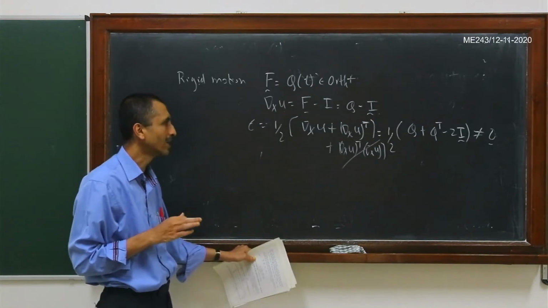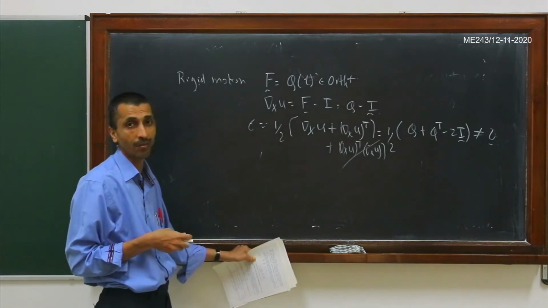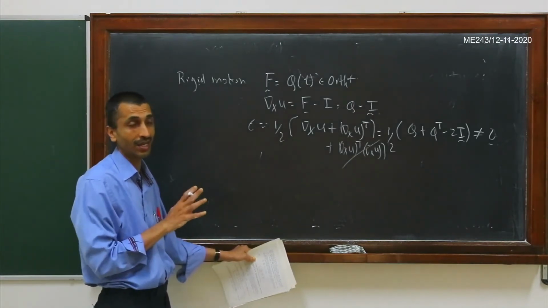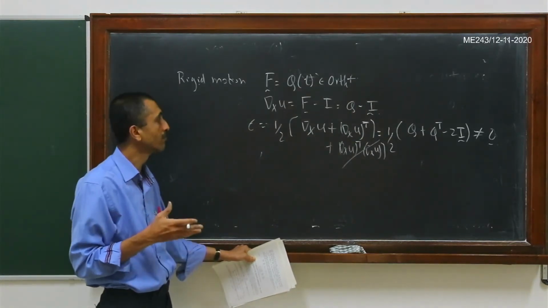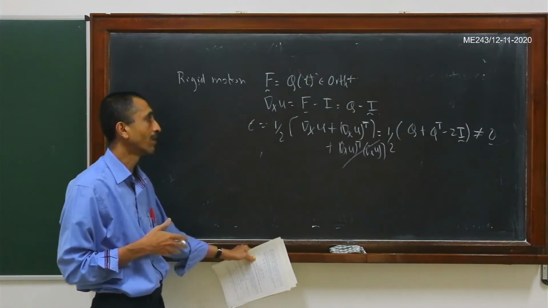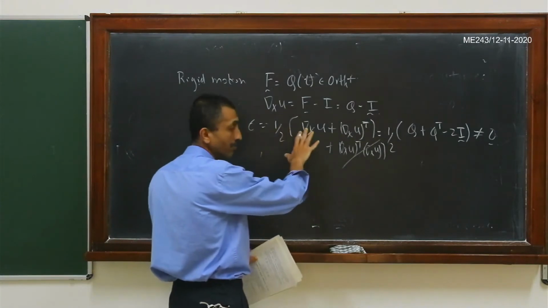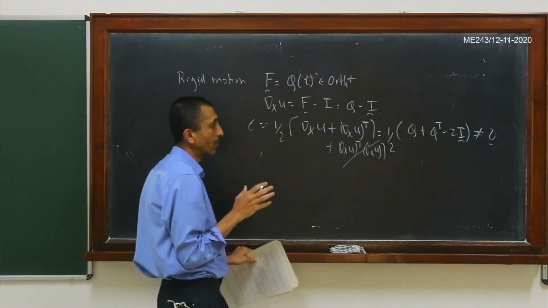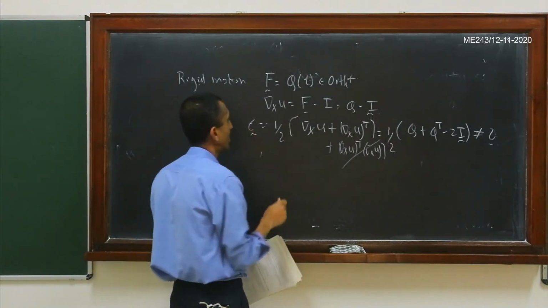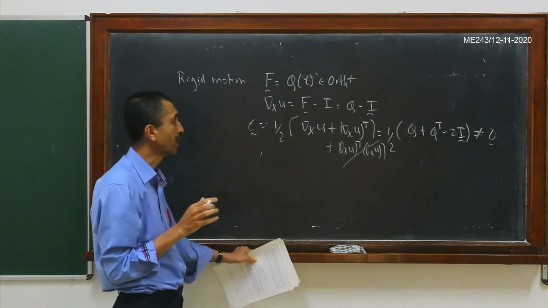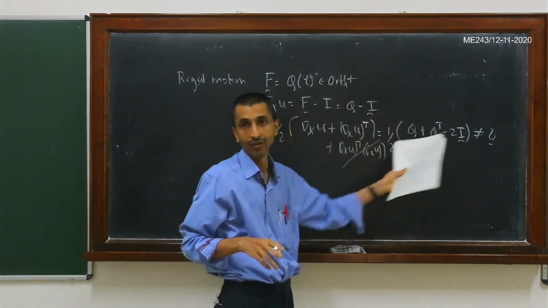Nonlinearities are always very difficult to deal with, so if we can use a linear approximation, which is valid when the displacement gradients are small in some norm sense, then we can always simplify things. But otherwise, strictly from a mathematical viewpoint, epsilon is not a valid strain measure, because as we have shown, it does not vanish even if the motion is rigid.